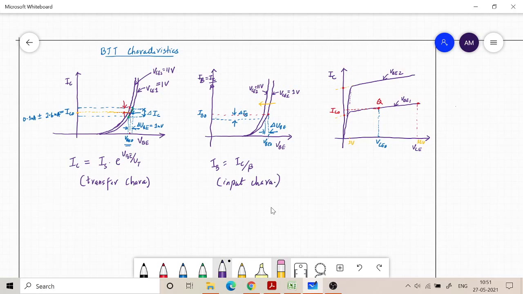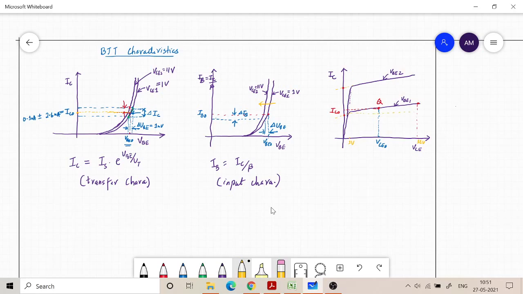And then we have another characteristics. If you draw it for a practical transistor, you will see that the output current is not completely independent of the output voltage VCE. There is a slight dependence which is shown by a non-zero slope here. If it was independent, then the curve that we would get should be flat.